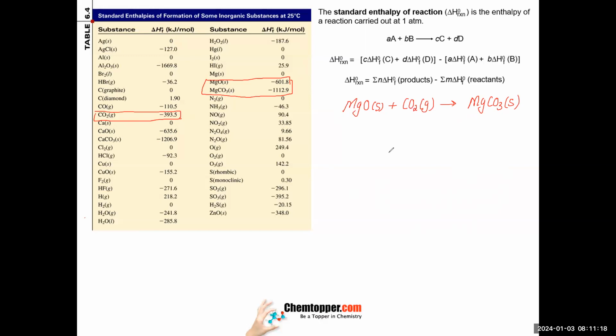So let's do it. So delta H naught reaction is delta H naught formation of the product, value you can pick up from the table, minus delta H naught formation of the reactant MgO plus delta H naught formation of the CO2.